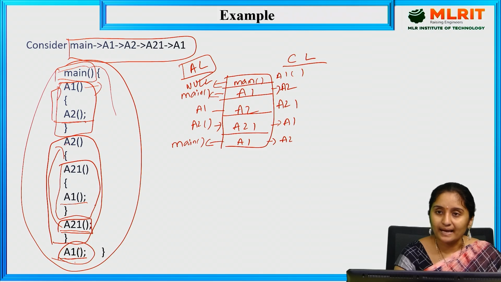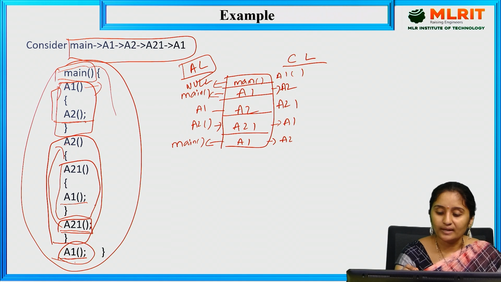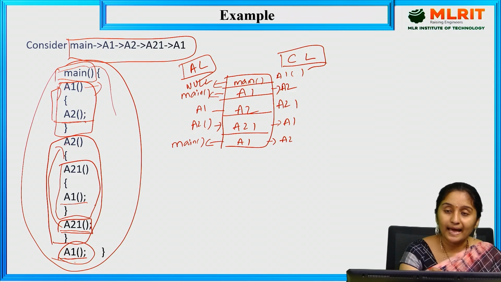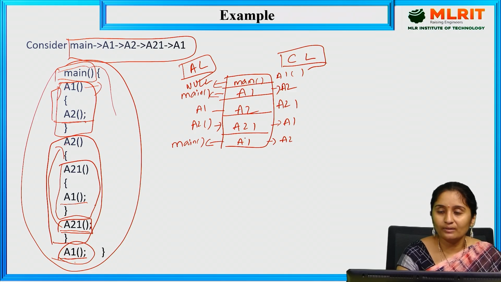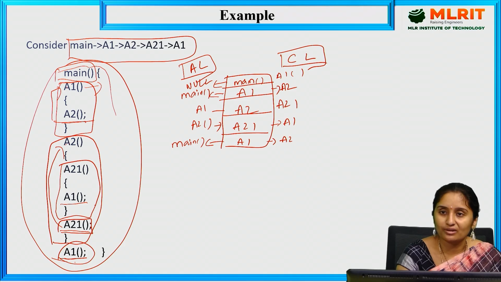That is the access link. The control link is: in that definition, what is the caller function we are going to write? And the access link is: that calling function is done in which definition, which activation record? That is the access link.